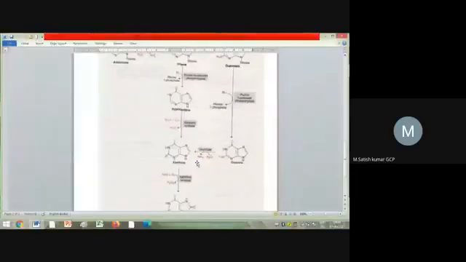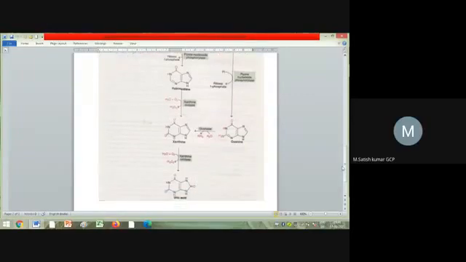So now xanthine is produced, and xanthine is finally converted into uric acid by an oxidation process by the enzyme xanthine oxidase. This xanthine oxidase oxidizes the carbon at this position. Here the carbon is oxidized, forming a keto functional group, and finally it forms uric acid.